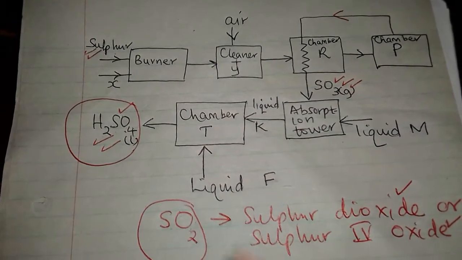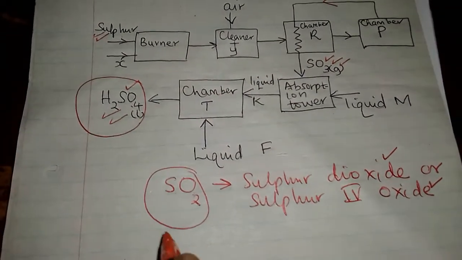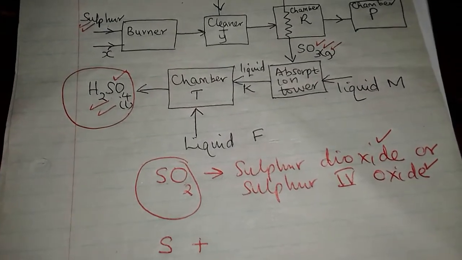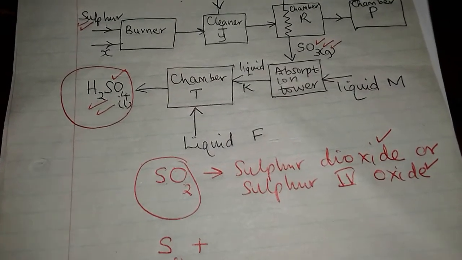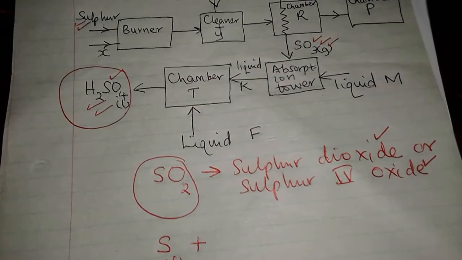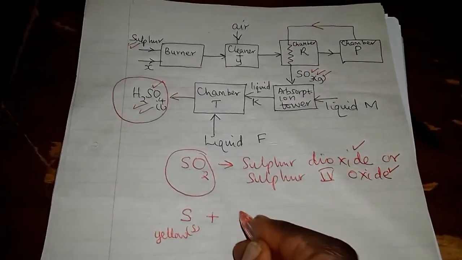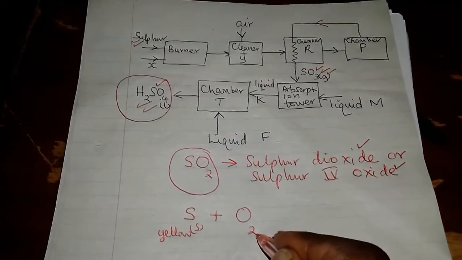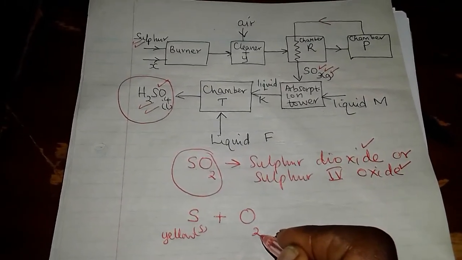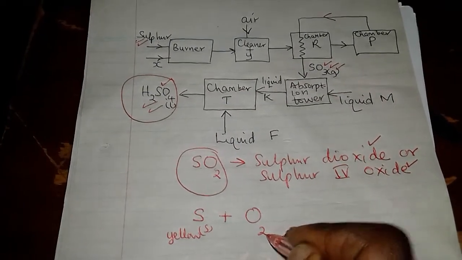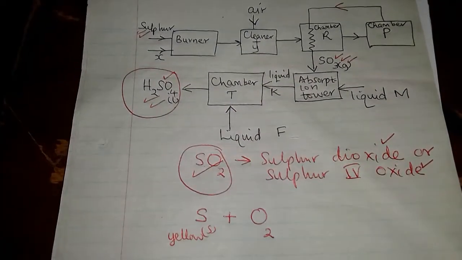So that means we need to have the sulfur undergoing combustion. And now there's a yellow powder. Sulfur is yellow. This yellow powder undergoes combustion. That is to mean it has to get mixed with oxygen to give you sulfur dioxide.